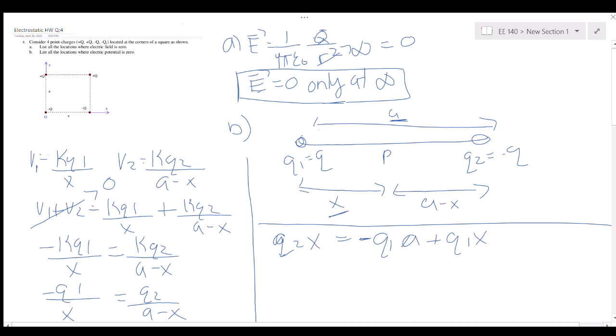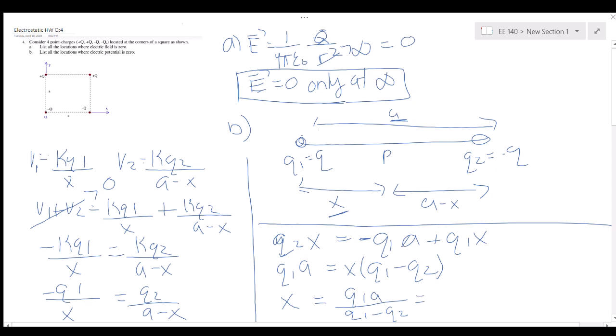We're going to just rearrange this, so subtract Q1x to the other side. And then we get x times Q1 minus Q2, and then we get x is equal to Q1a over Q1 minus Q2.